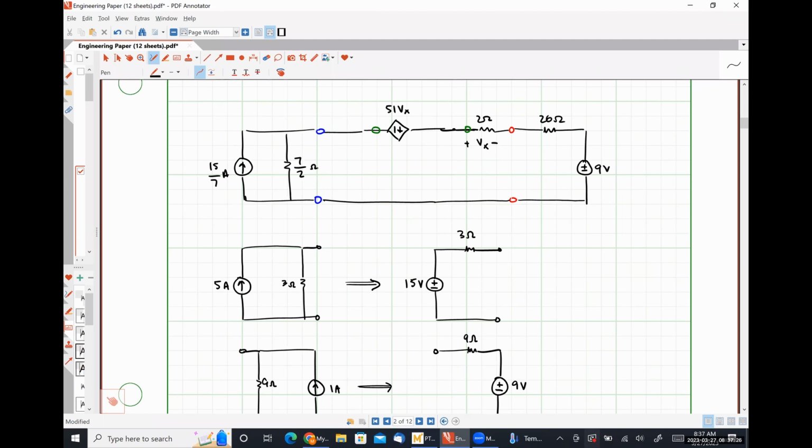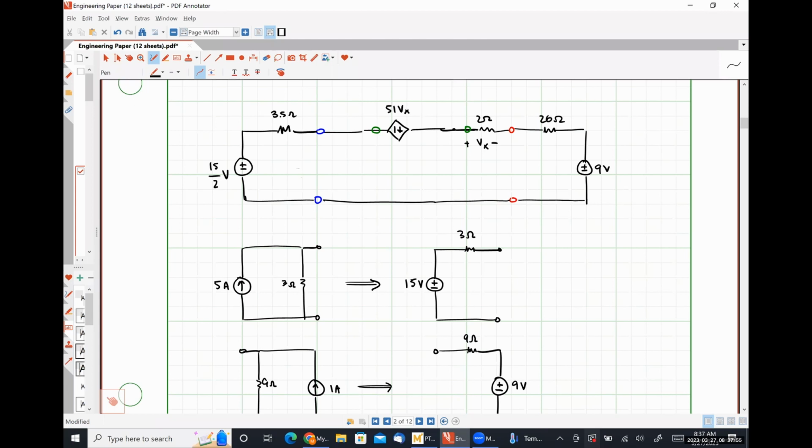And now I'm going to convert that practical current source on the left back into a practical voltage source. So that would be 15 over 7 times 7 over 2, which is 15 over 2 volts, in series with a 3.5 ohm resistor.